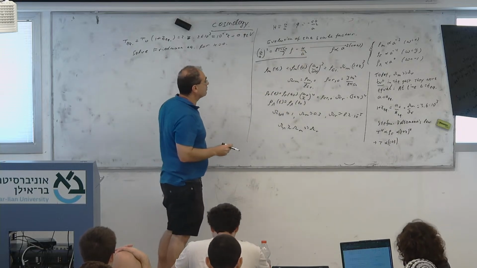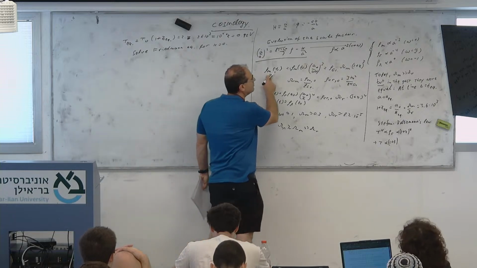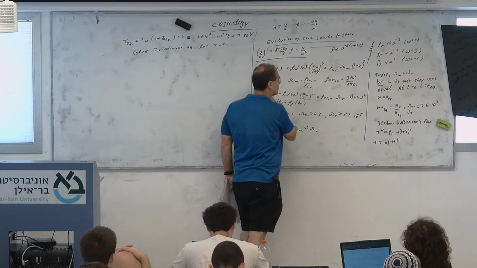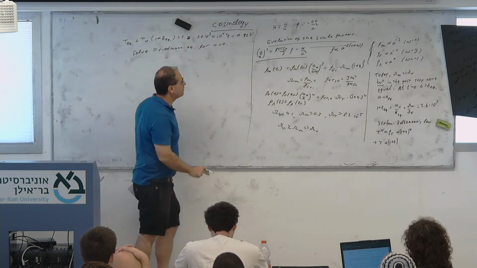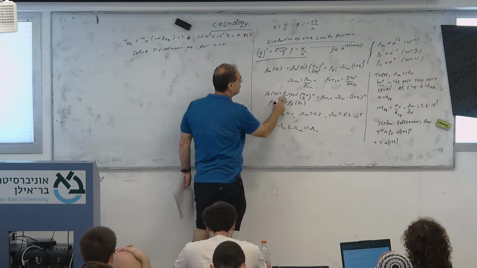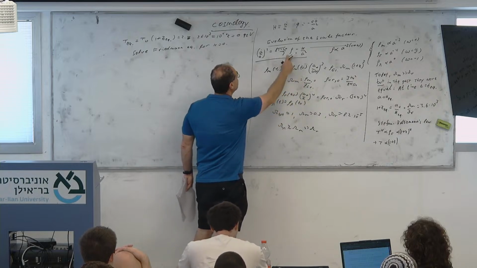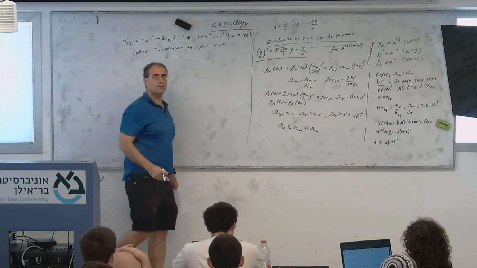I know what is rho matter, it's written over here. I know what is rho radiation, it's written over here. So just plug it in. For rho r, a0 over a to the 4. It's automatic to solve.